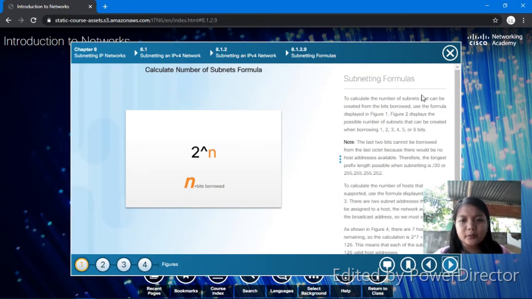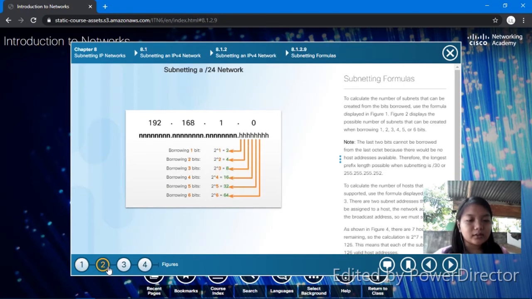The subnetting formulas. In subnetting, there is a formula: 2 raised to n, where n is the bits borrowed. So this one is 1 bit borrowed, that's why it's 2 raised to 1, and 2 raised to 1 is 2.